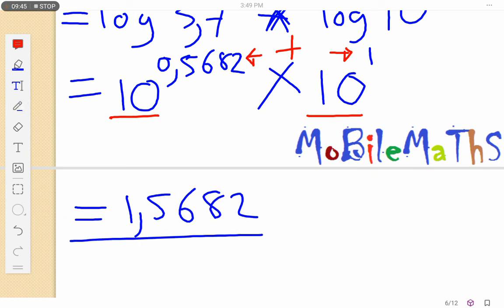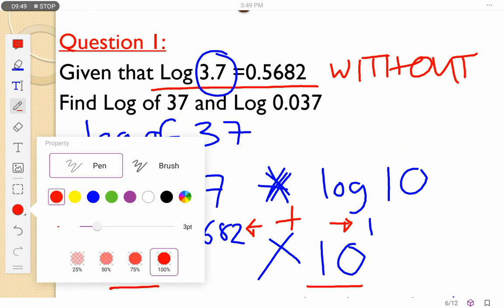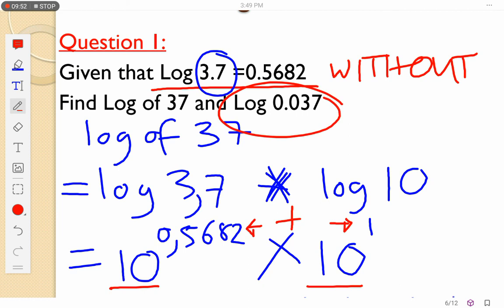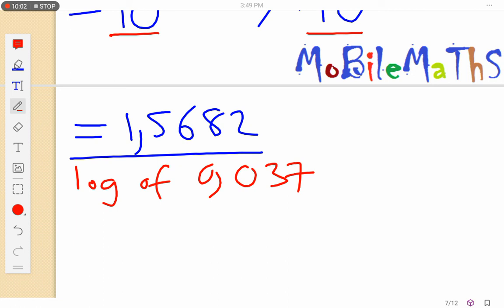Then the second example, we want to find log of 0.037. Let's do that. Log of 0.037. Okay, so what we do again, we rewrite it.